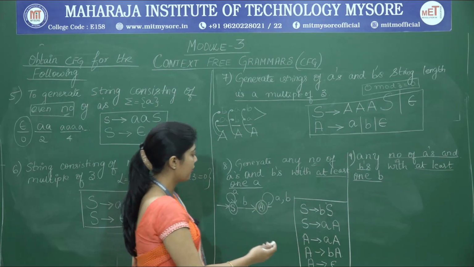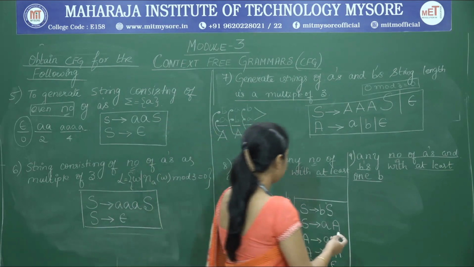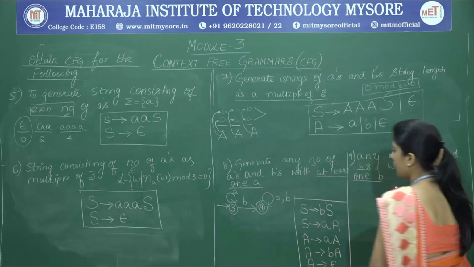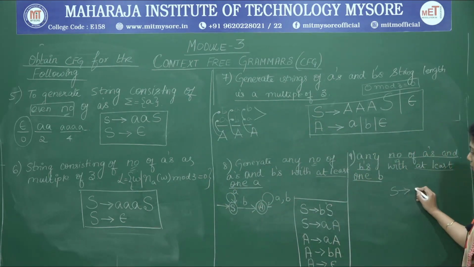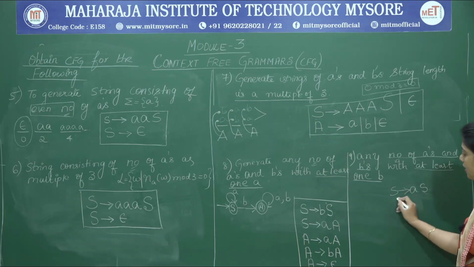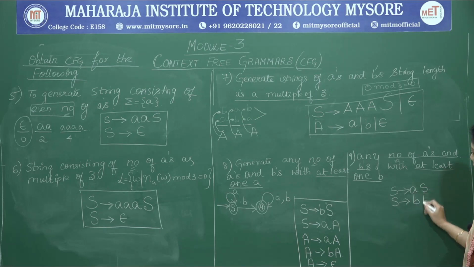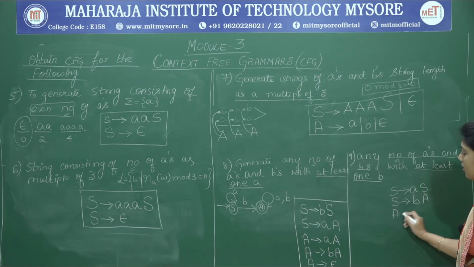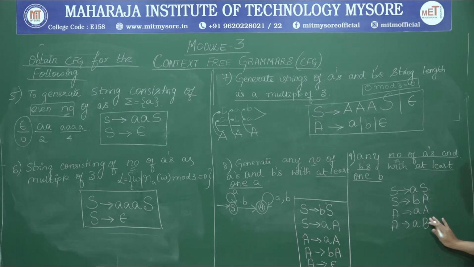So similarly, if we go on writing the set of the rules for this, we first write S goes to AS, S goes to BA, A goes to AA, A goes to AB, rather it is BA, and A goes to epsilon. So this is what we are going to do.